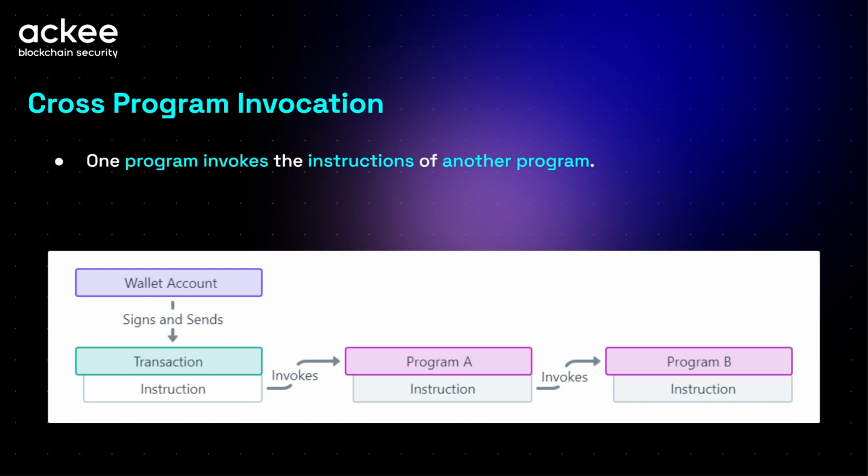As you would send the transaction from the off-chain part to the network in order to invoke program A, you can do something similar within program A to invoke logic from program B.